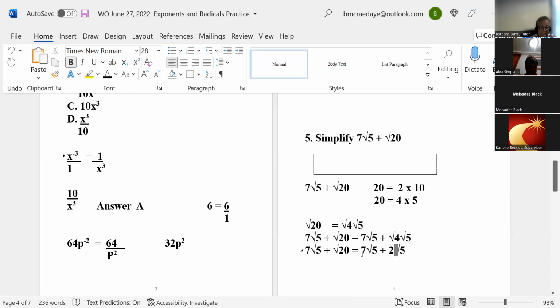That means I can add these coefficients. What does the coefficient add up to, Mercedes? 16. How are you getting 16?